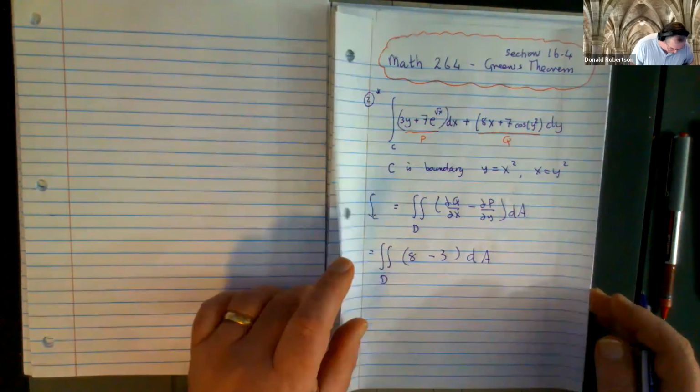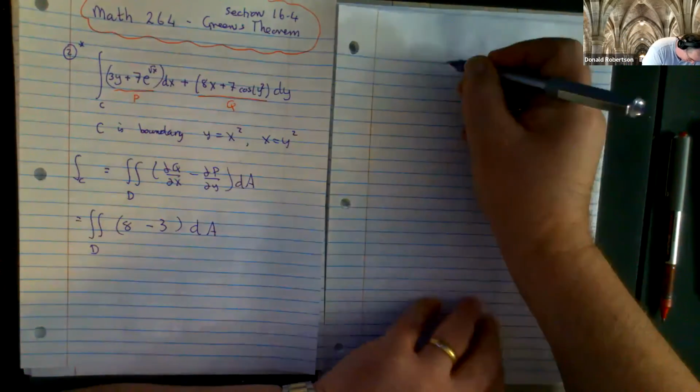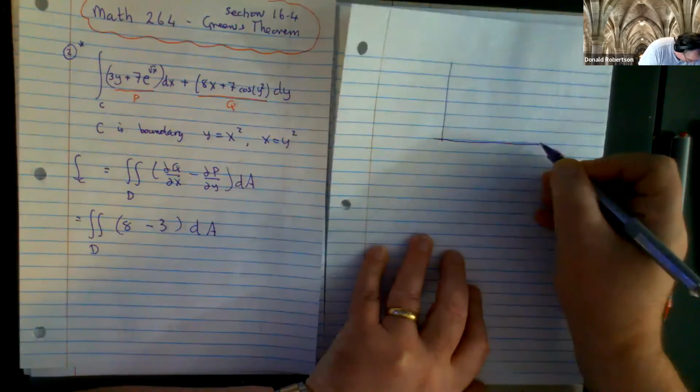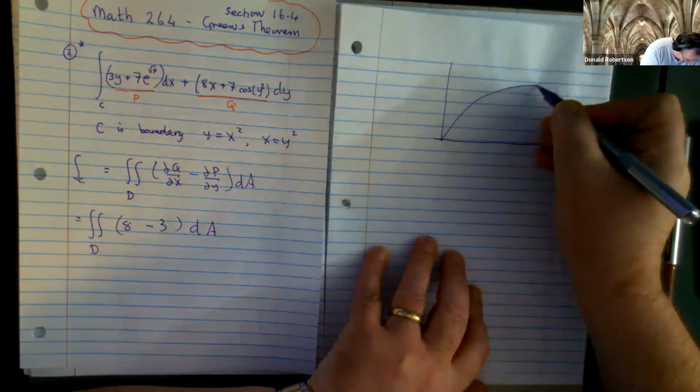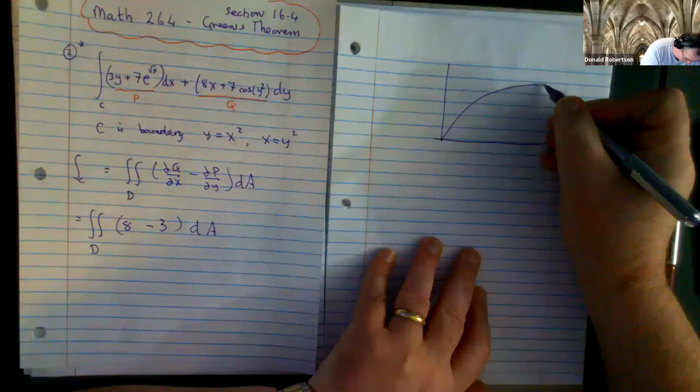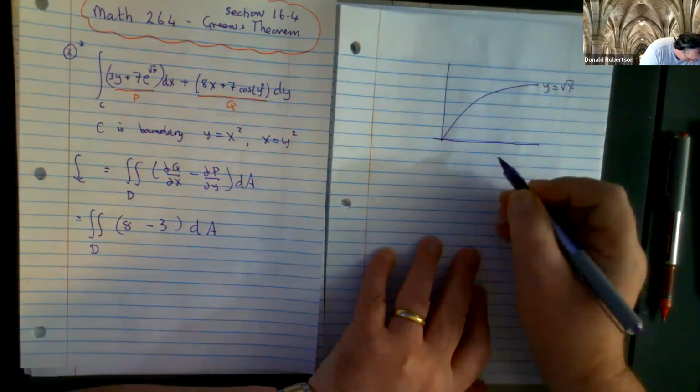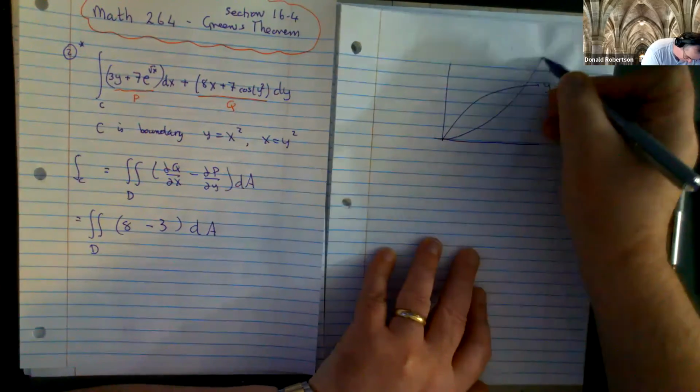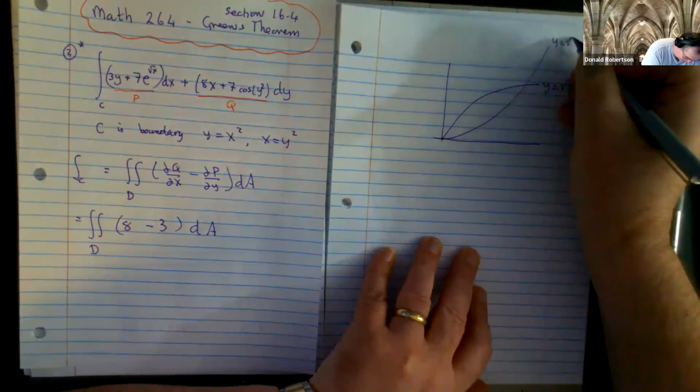Now I have to focus a little bit on the boundary. If you do y equals the square root of x, and then if you do y equals x squared, it's going to look like that.